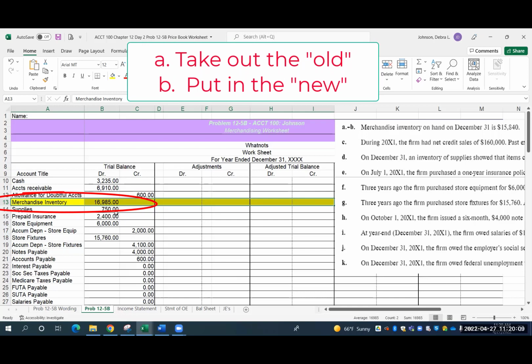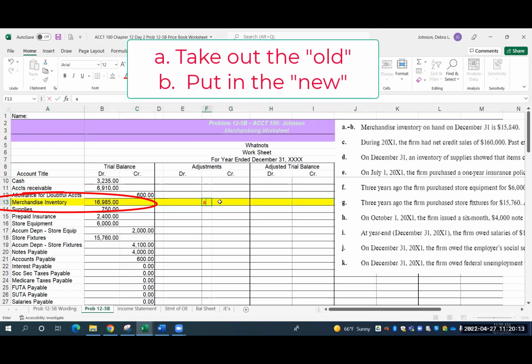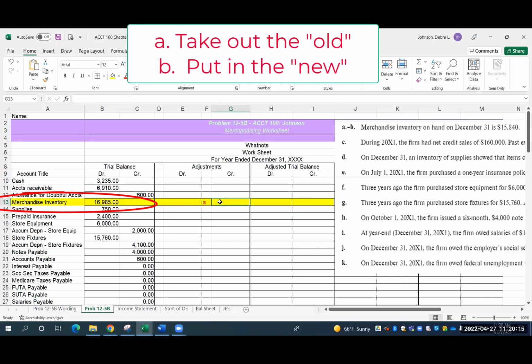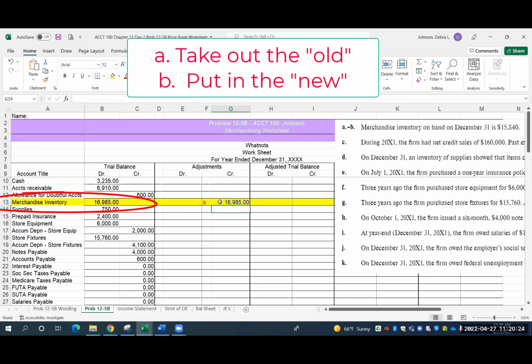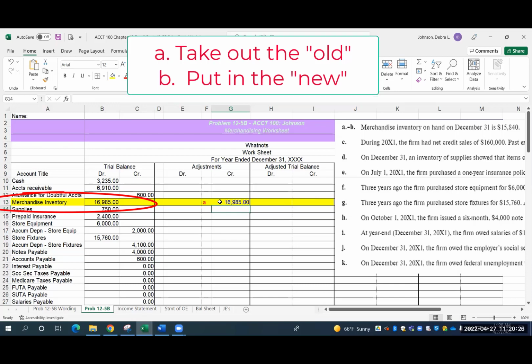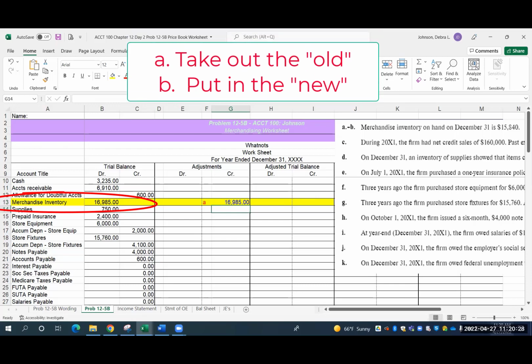So here's this $16,985 that I need to get rid of. So I'm going to put letter A up here. Because inventory is an asset that has a debit balance, I'm going to credit it to get rid of it, $16,985. And the offset, and again, I know this is hard to read. If I make it bigger, you just won't be able to see as much of the worksheet.